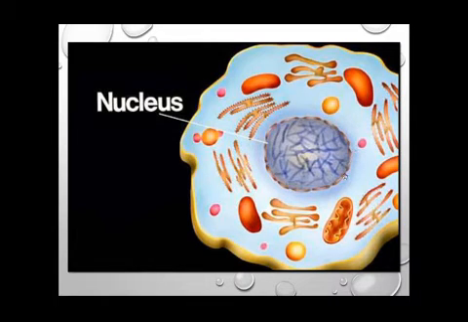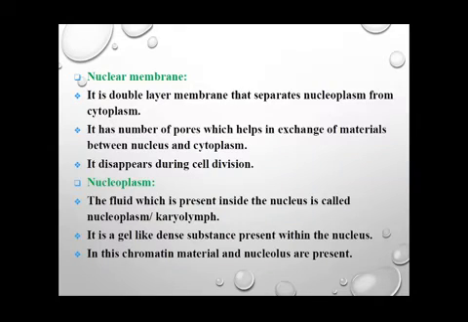You can see there are some holes present in the nucleus, and there are other things also present inside the nucleus, such as nucleoplasm, chromatin network and nucleolus. We are going to study about them one by one.